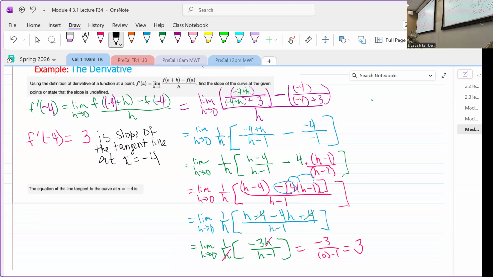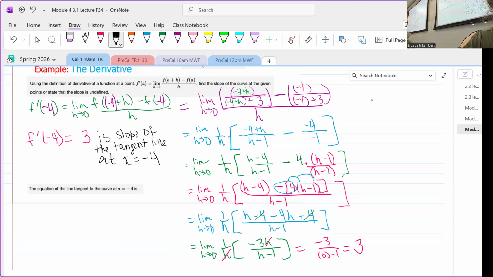Now, the follow-up question here, which the second half of the WebWork homework does, and what we also ask on the test, is the equation of the line tangent to this curve at the value that we just worked with. So in order to get the equation of the line, I have the slope. I also need the point where this line is going through. Right now, all I have is the x value.